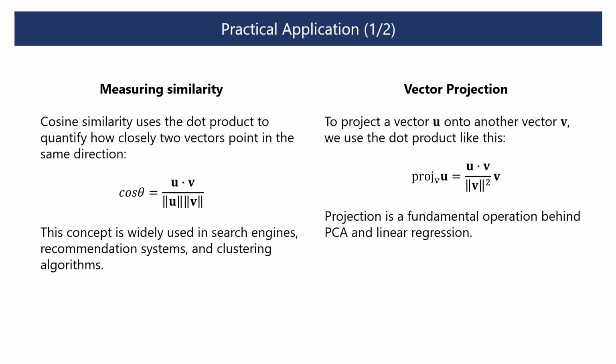Next is vector projection. To project a vector u onto another vector v, we use dot product in this way. Projection is a fundamental operation behind principal component analysis and linear regression. In PCA, for instance, data is projected onto mutually orthogonal axes to reduce dimensionality while preserving structure.